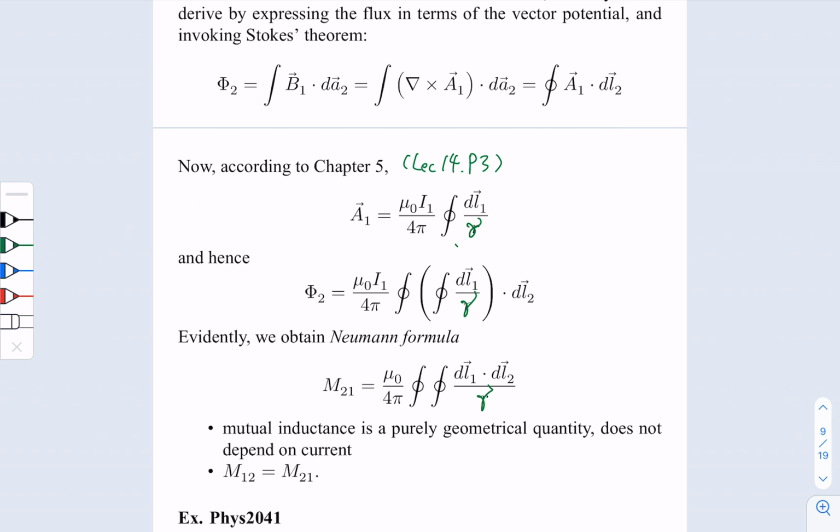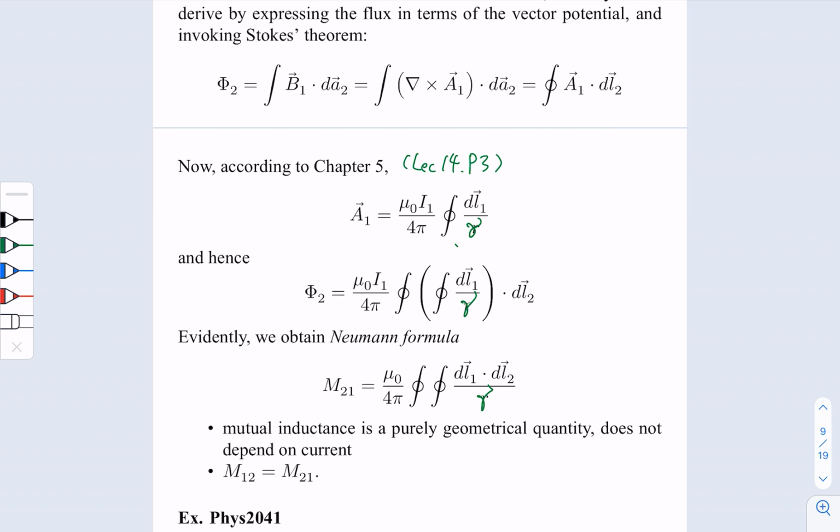So as long as you know the relative position and orientation of the two loops, you can use this formula to mathematically calculate the mutual inductance. And you don't even need to know the physical current running in these loops. So this M21 is a purely geometrical quantity.